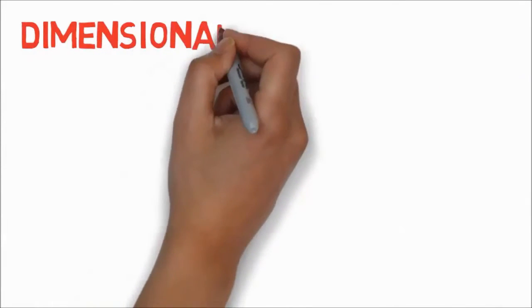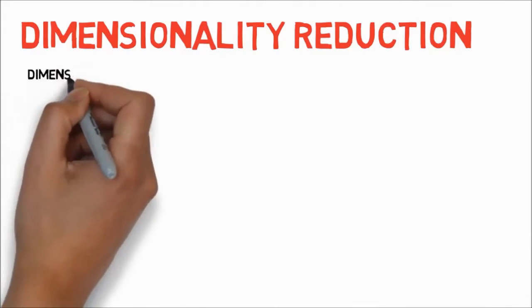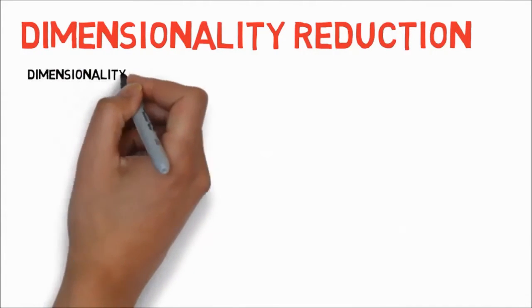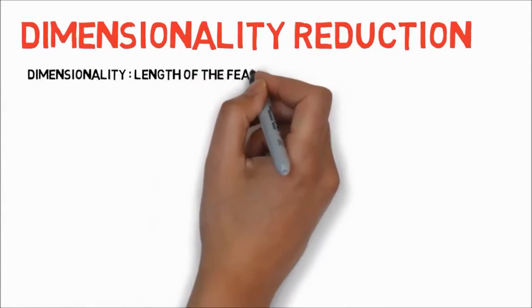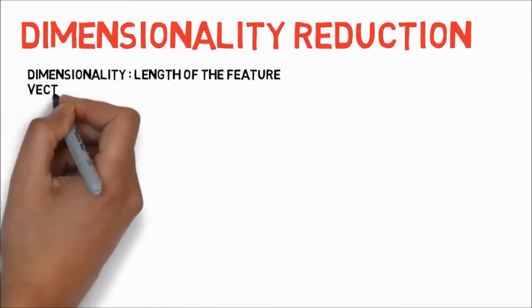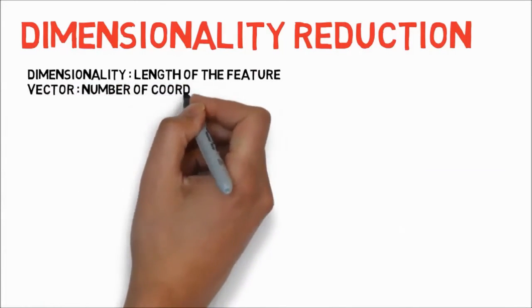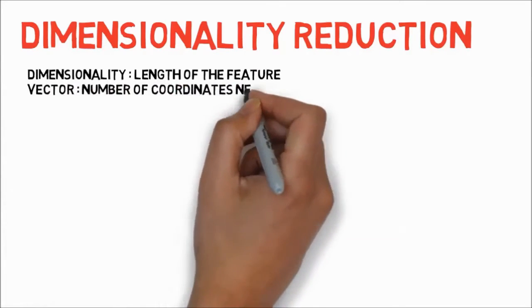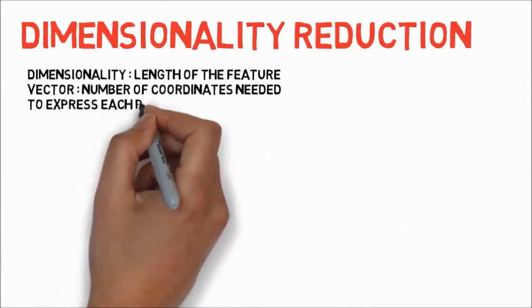Let's talk first about dimensionality reduction. Dimensionality is basically the length of the feature vector that we use. So, if you're in an n-dimensional space, or if you're representing your problem instances in an n-dimensional hypercube, then you need n coordinates to express each point.